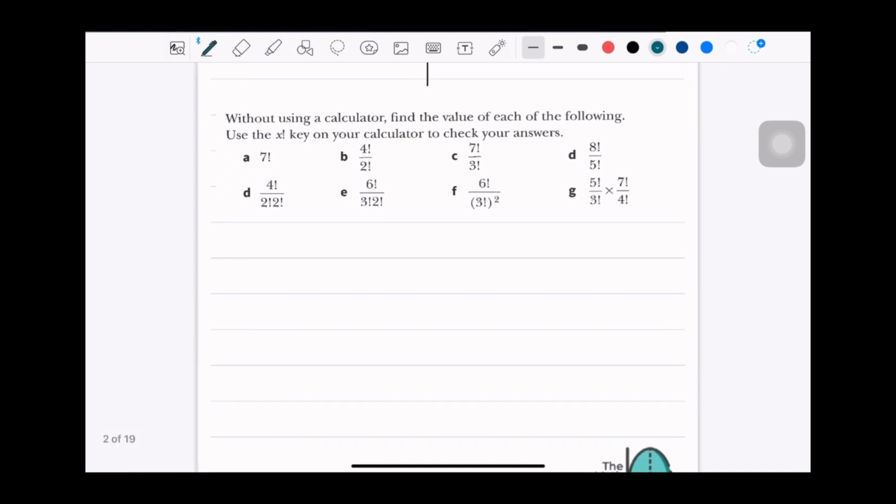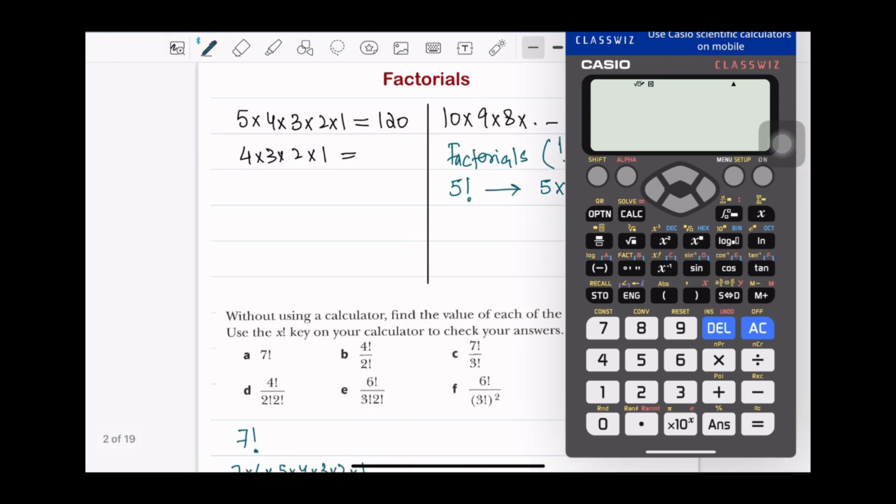So let's see if we have questions like these. If someone says, what is 7 factorial? It's understood that it's 7 times 6 times 5 times 4 times 3 times 2 times 1. If you want to find it using your calculator, write 7 here, and as you can see the x to the power -1 sign, press shift and press this button.